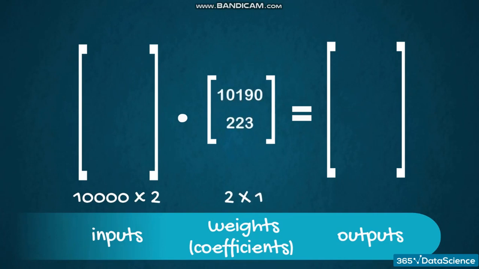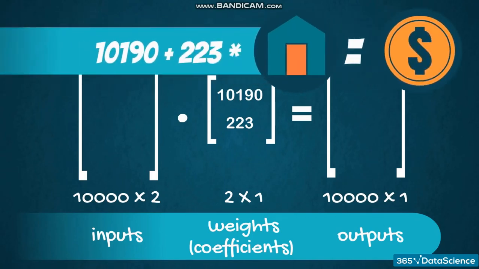When we multiply them, the resulting output matrix would be 10,000 by 1. This shows us that no matter the number of inputs, we will get just as many outputs. Moreover, the equation doesn't change, as it only contains the two coefficients, 10,190 and 223. This concept will turn quite helpful in your machine learning studies later on.